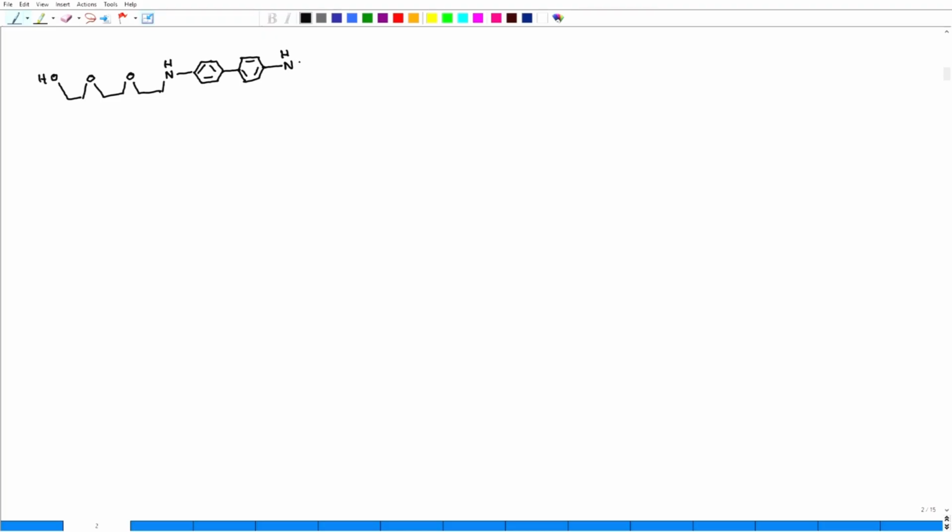Maybe this is up or down, it does not matter because of free rotation. How many have I done? 1, 2, 3, 1, 2, 3, on both sides. So, this is my linear rod-like compound, one component.